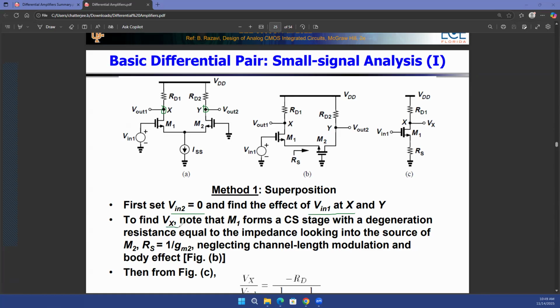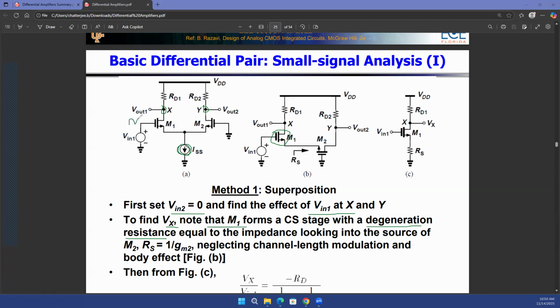Now to find Vx, first note that this M1 transistor forms a common source stage with a degeneration resistance. Why am I saying that there is a degeneration resistance? That is because I'm trying to do an AC analysis here, and this is a DC current source. This is not AC.